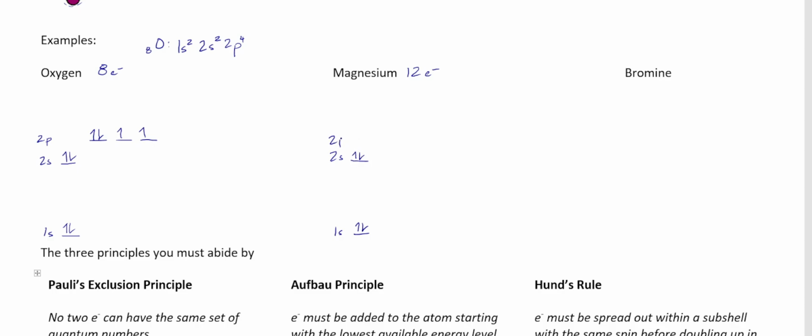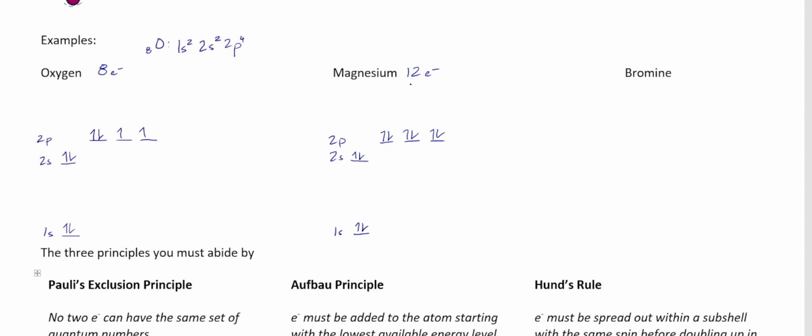Then I go to 2p, there's 3 orbitals within that subshell. And I start filling this out, and recall that I have to fill them out with the same spin before I double up. Okay, let's count the total number of electrons I have here. 2, 4, 6, 8, 10.